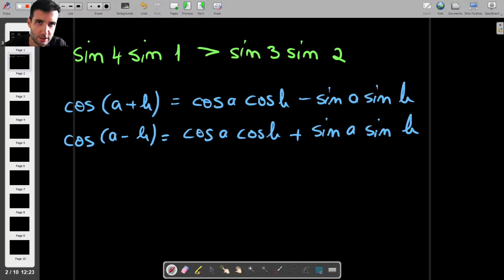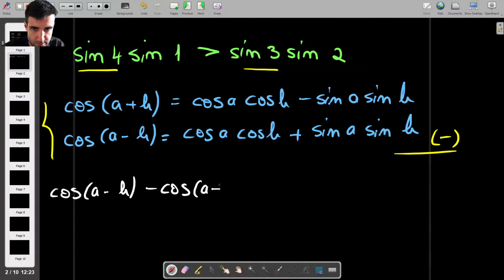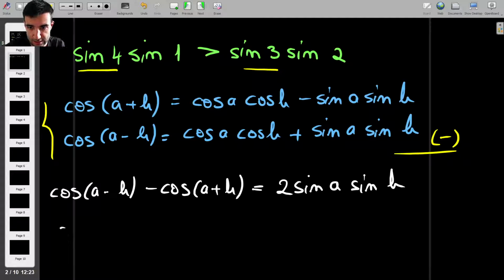What I'll try to do now is convert the product of the sines into a sum or difference of cosines, using those two formulas. And to do that, I will subtract one from the other. So I will do cosine of a minus b minus cosine of a plus b. That's going to be equal to 2 sine a sine b.